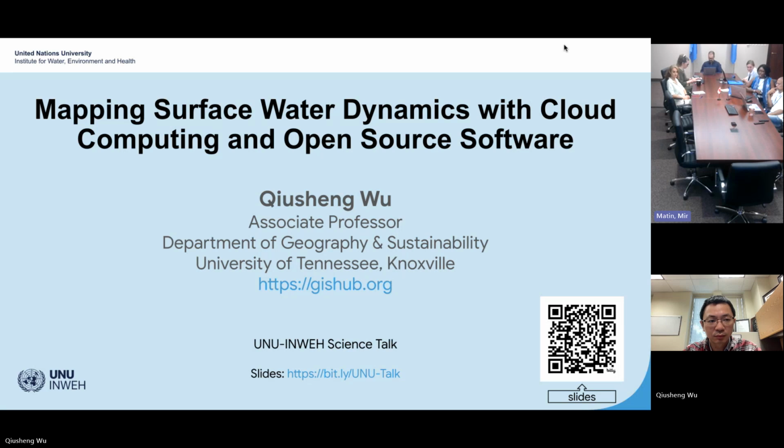His research focuses on leveraging big geospatial data and cloud computing to study environmental changes, particularly surface water and wetland inundation dynamics. At UNU-INWEH, he is a senior research fellow in geospatial data science and open science software development. He's also an associate professor at the Department of Geography and Sustainability at the University of Tennessee, USA.